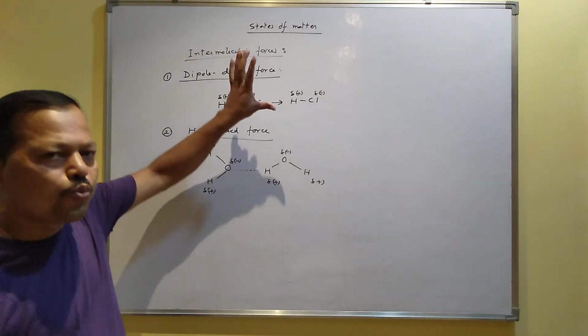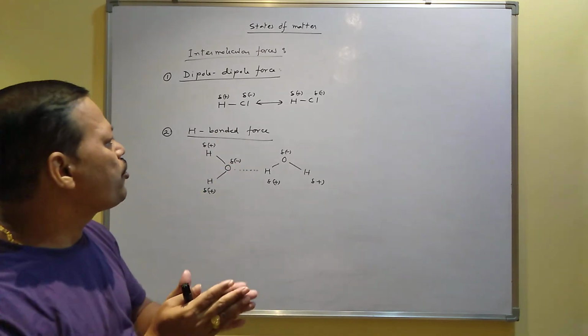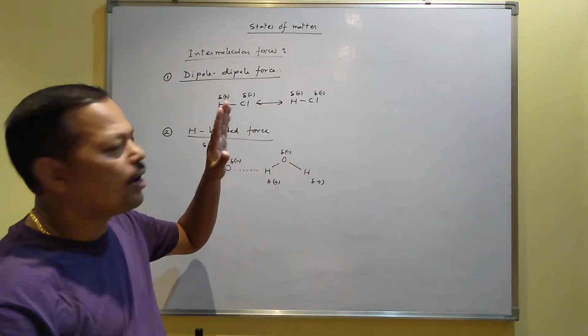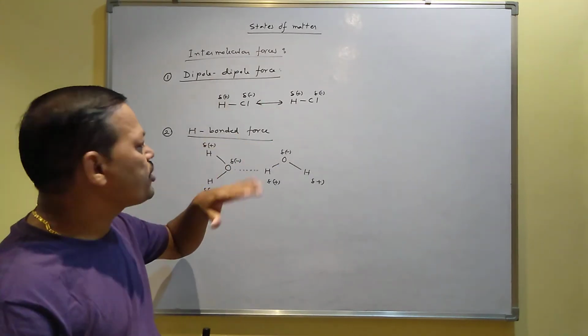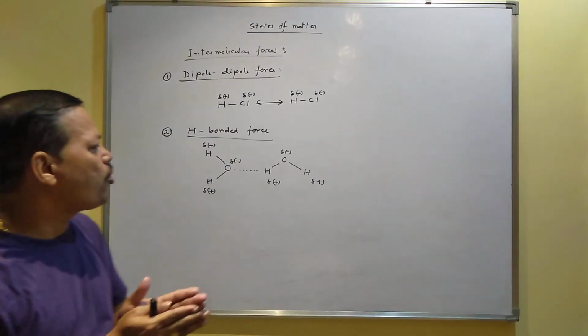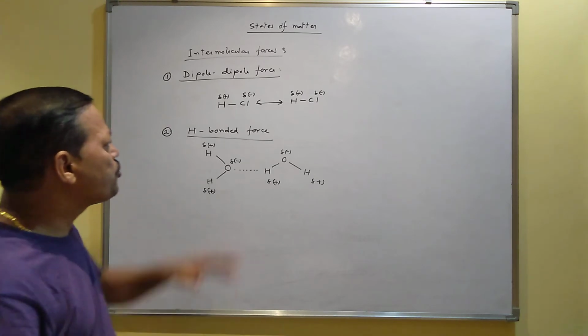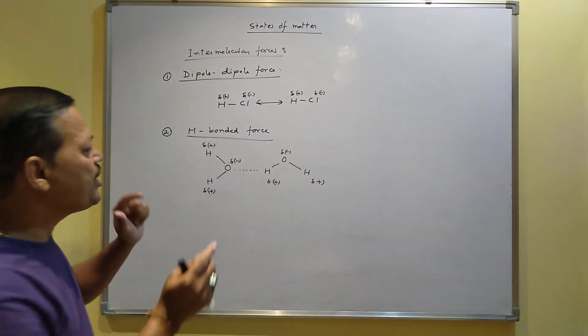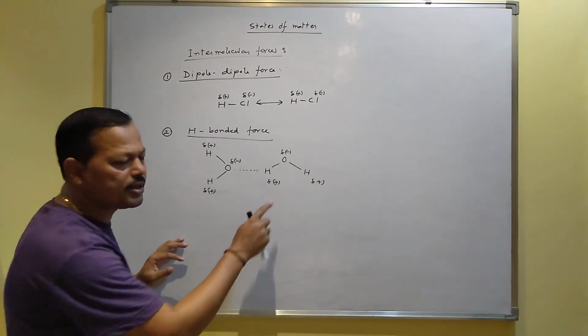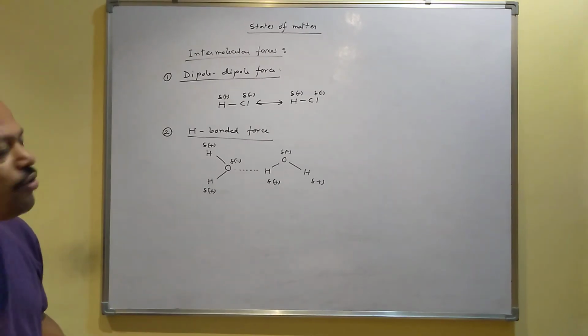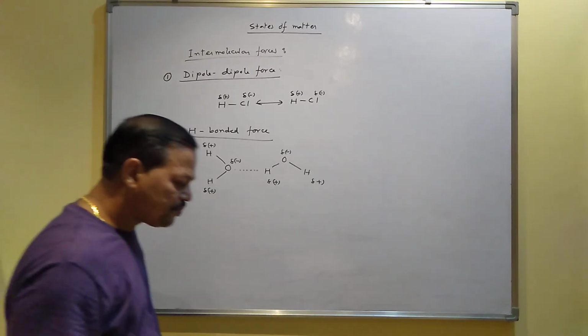Those polar molecules which cannot form hydrogen bonding are said to have dipole force, and those molecules which can form hydrogen bonding are said to have hydrogen bonded force. So these are called the intermolecular force, I mean the force of attraction between two molecules, and that's why these are called intermolecular force of attraction.